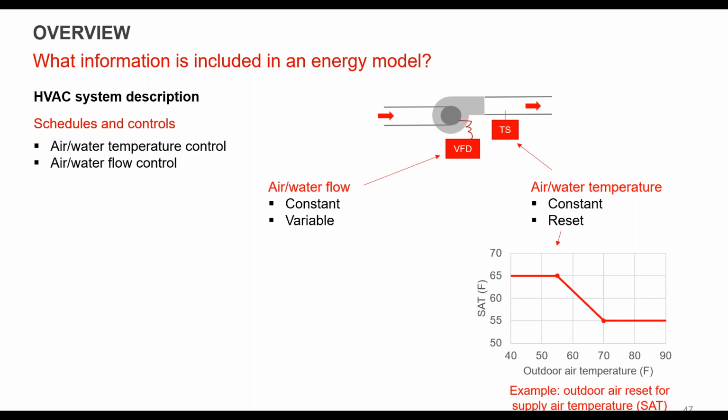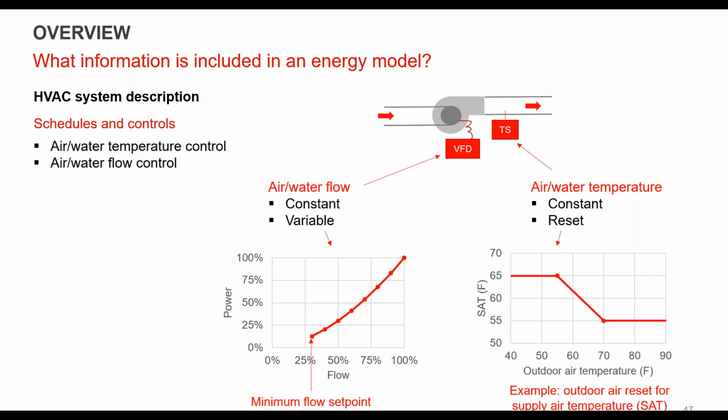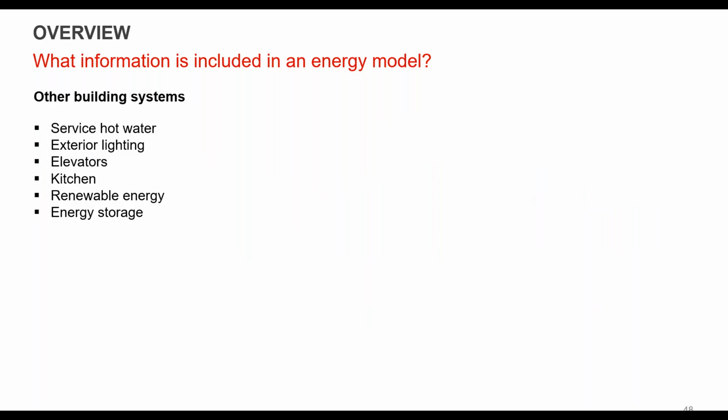And then actually controlling your fans or pumps, that could be variable flow, constant flow. And there will be a curve that defines how that pump or that fan operates over all the various flow or static pressure requirements. So again, we'll run into these more. This is just the intro.